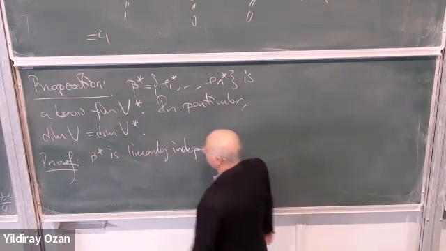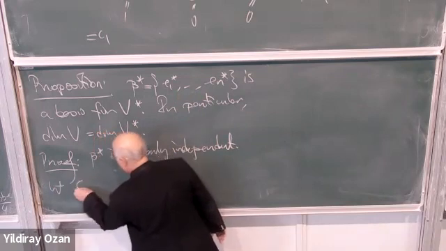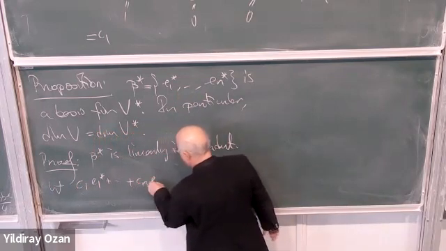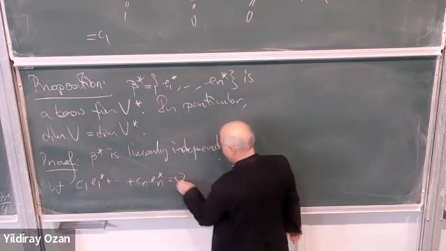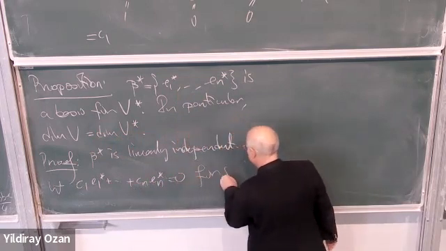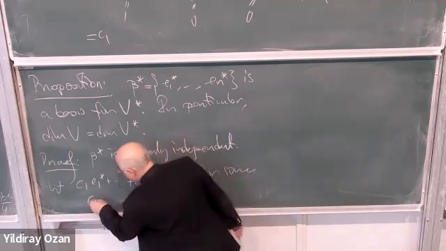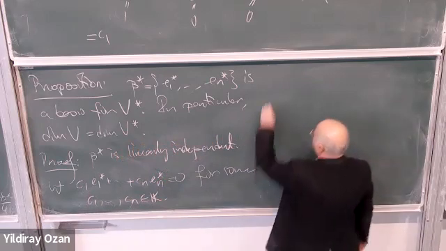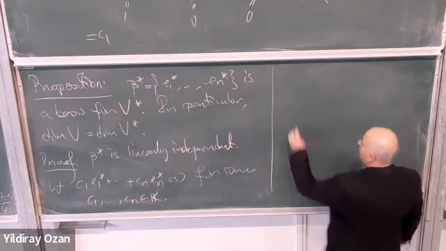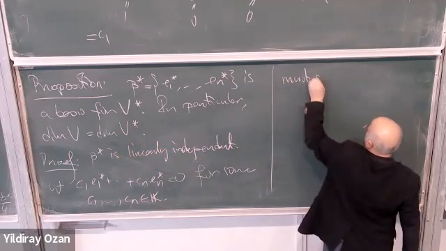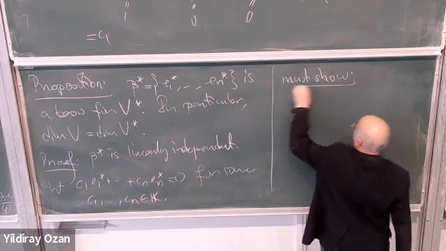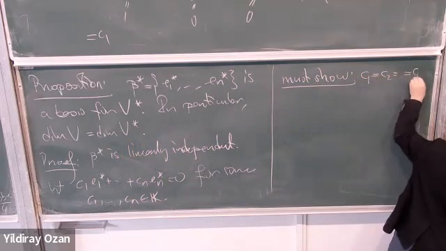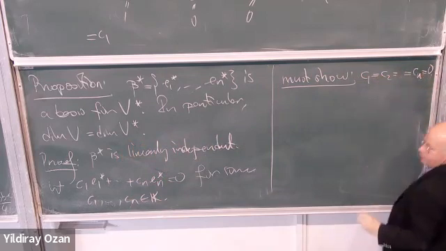Well, why is that? Let C1 E1 star plus up to Cn En star equal 0 for some C1 up to Cn in K. So we have to show what? We must show C1, C2, up to Cn are all equal to 0, right?